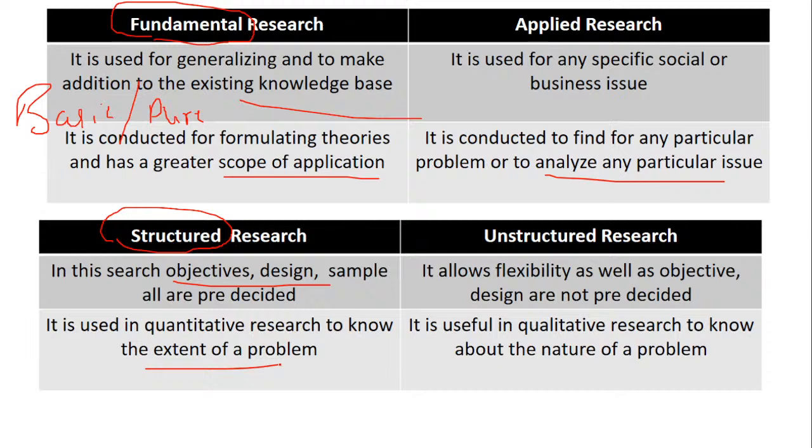Just now we did this in qualitative and quantitative. Something which is structured can be gained with the help of numbers. That is quantitative. Something which is unstructured is more qualitative, and we are more focused on the characteristics.